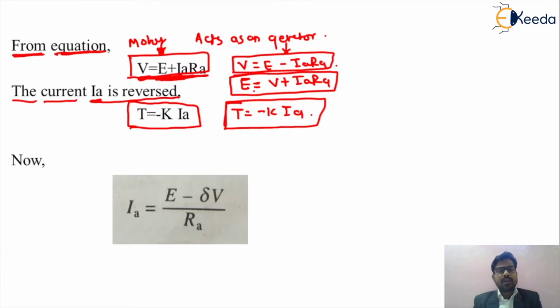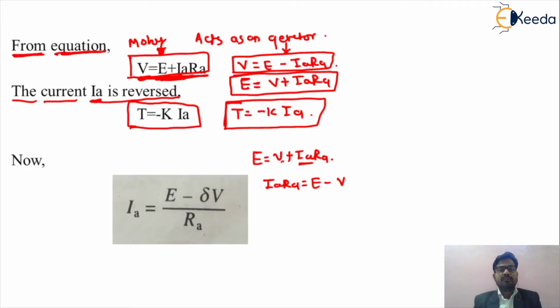So friends, from that fundamental equation for your generator, E is equal to V plus IRA, we are getting the value of IA. If you want to get the value of IA, that is basically E minus V. We have the value of V in concern with the circuit that we had already derived.